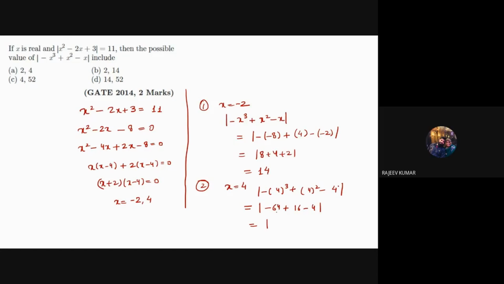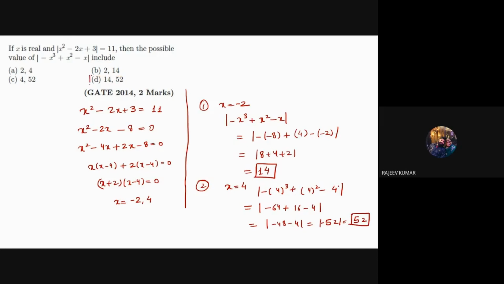So ultimately what you'll get is 64 minus 16, 48, minus 48, minus 52. You'll get the absolute value, so it will become 52. So 14 and 52. The correct option will become D.